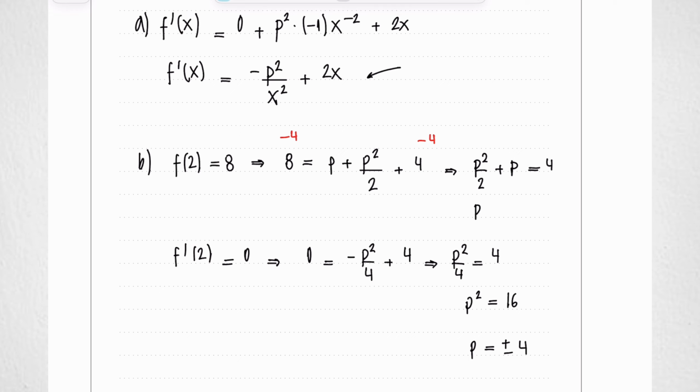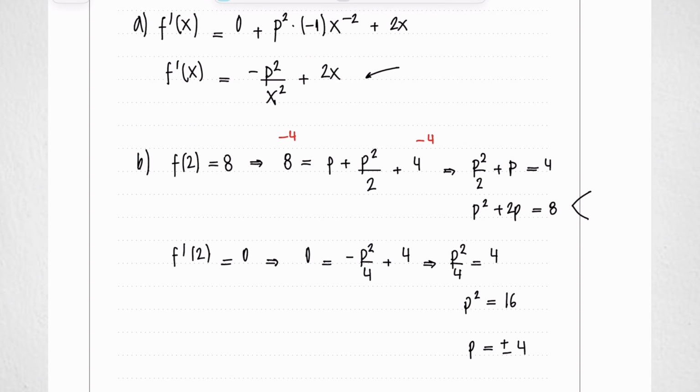Multiplying everything by 2, we have p squared plus 2p equals 8. And we have two solutions here. Either p is positive 2 or negative 4. Now, given that the solution needs to also be a solution for the other equation, that means that p should be negative 4. This is the only solution for this problem. P is equal to negative 4.